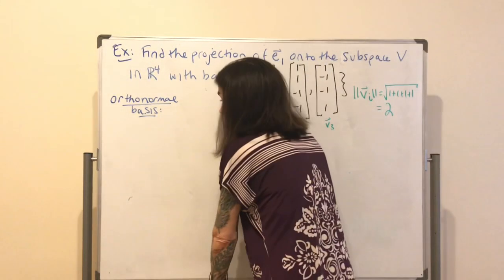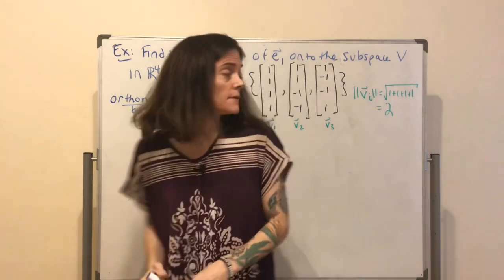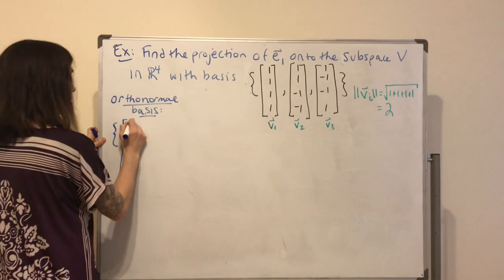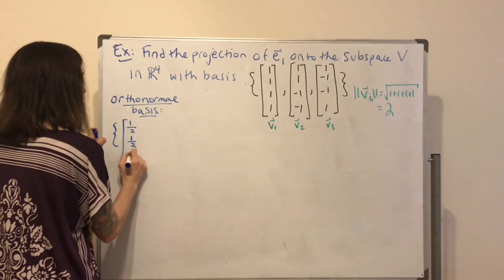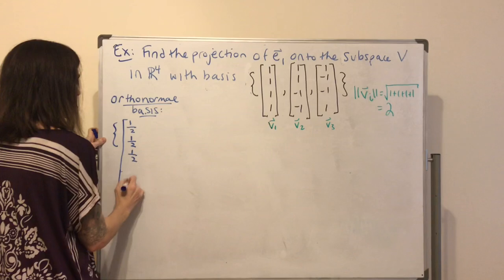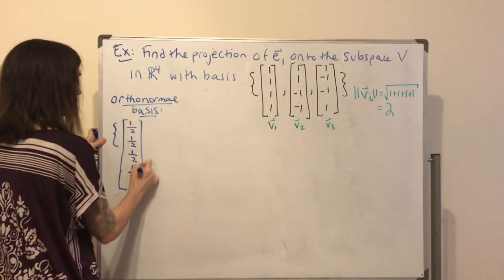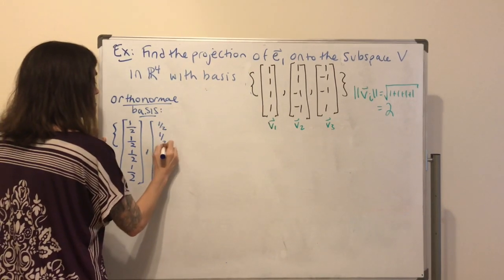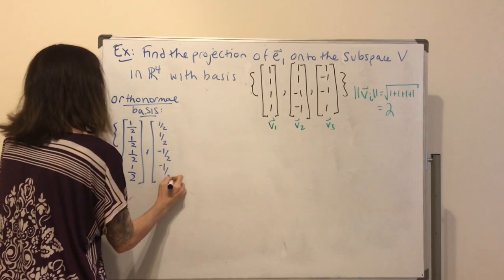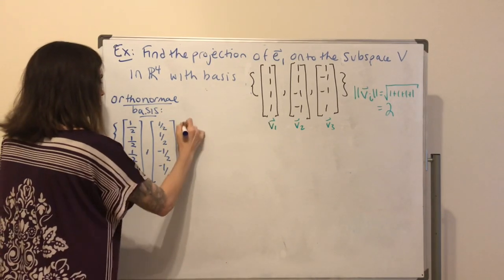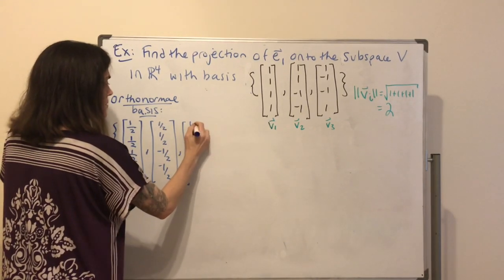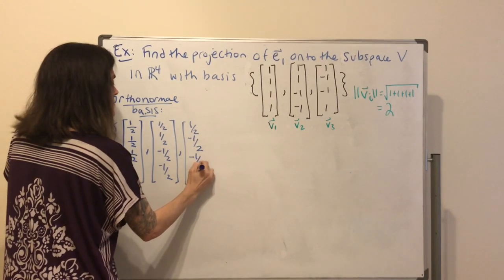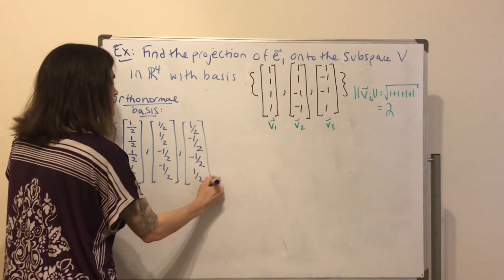So all I need to do to get an orthonormal basis is divide every single entry I see by 2, because they all have the same length. So here's the first element of my orthonormal basis. Here's the second. And here is the third. Okay, so far so good.